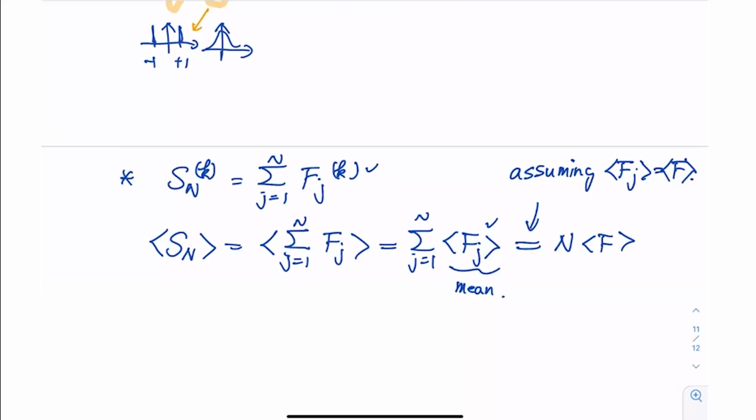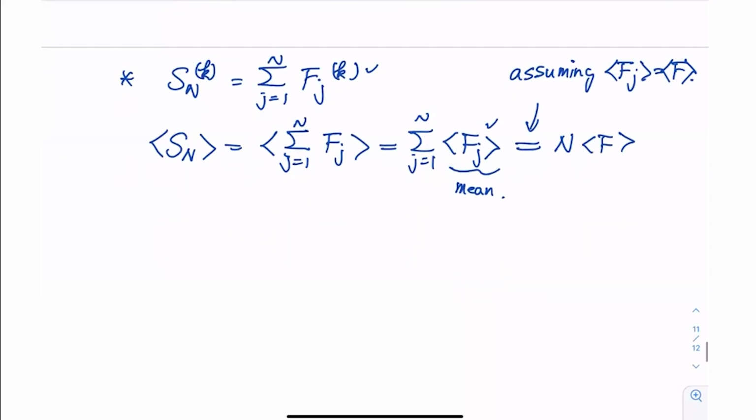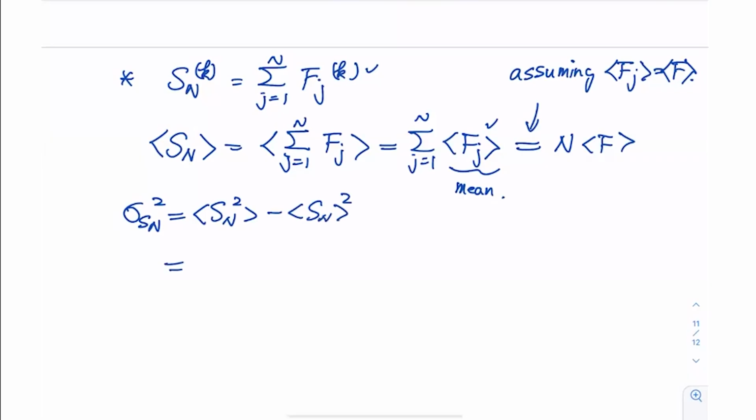So this is the sum, and now we should be very familiar with the variance. So the variance of this object can be evaluated directly.